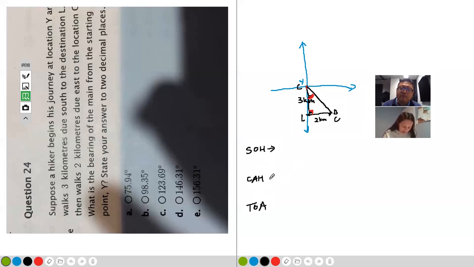So we have opposite and adjacent. We don't have hypotenuse. So hypotenuse, opposite, adjacent, so we're using tan. Yes, that's right, because we have opposite and adjacent. See how we've got the opposite here and the adjacent here?